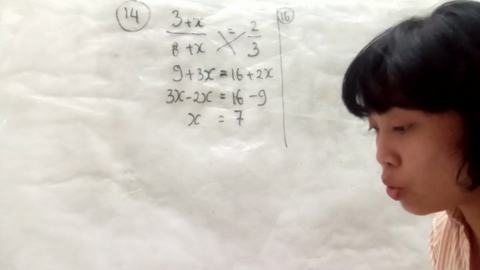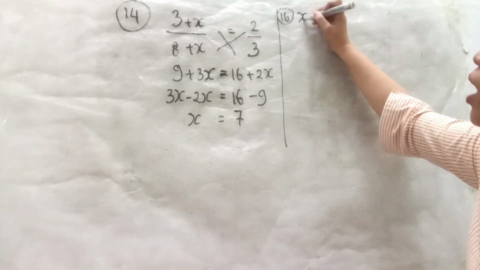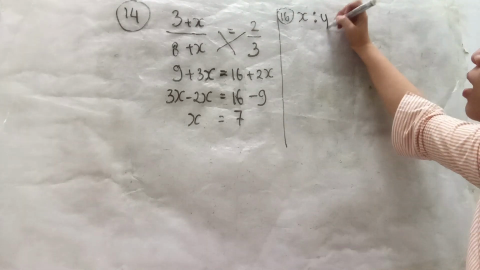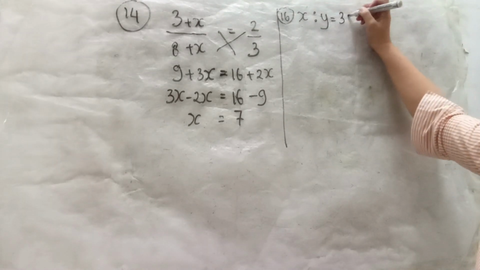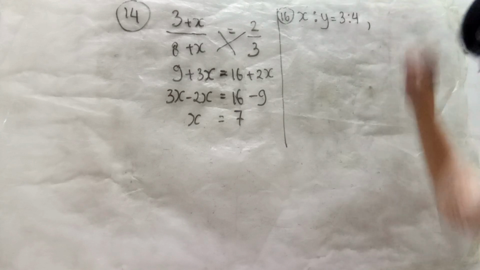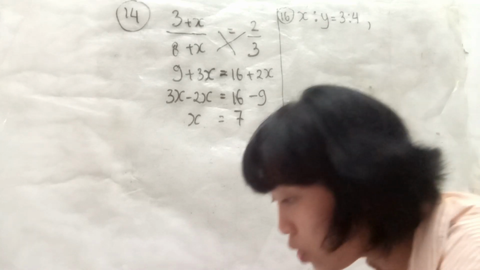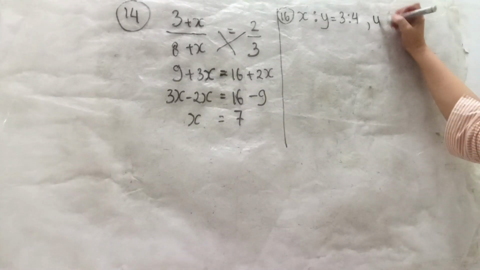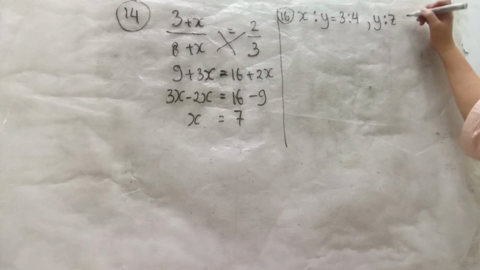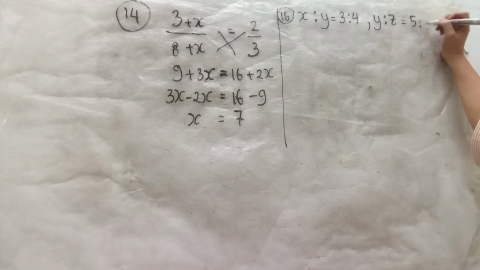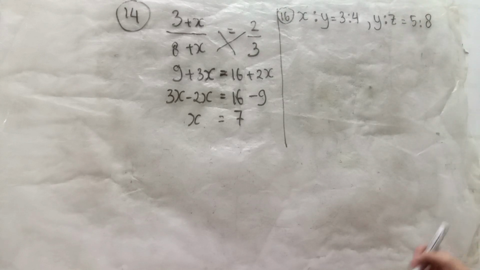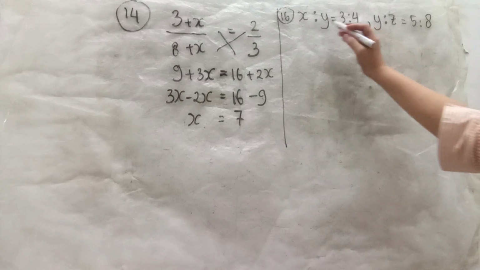Given that x to y is 3 to 4, then y to z is 5 to 8. Look here.